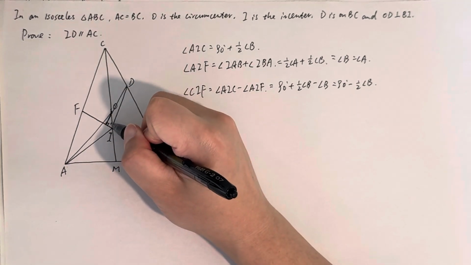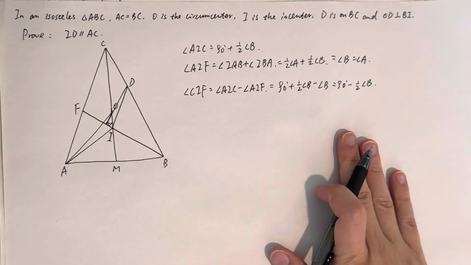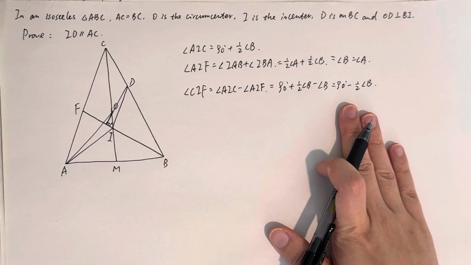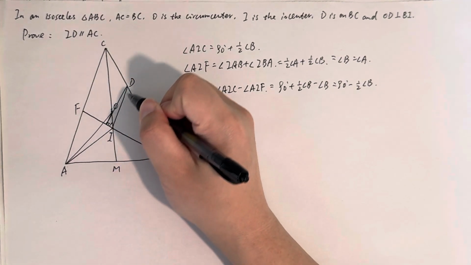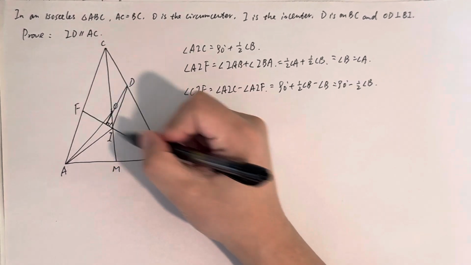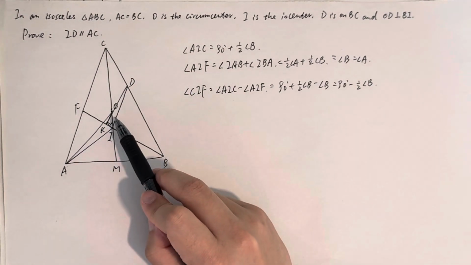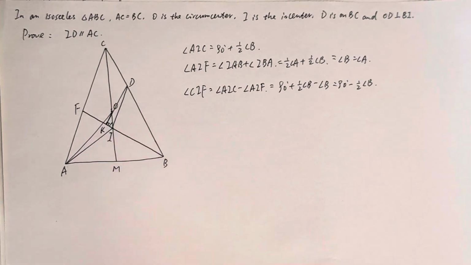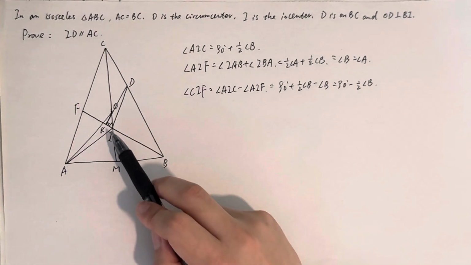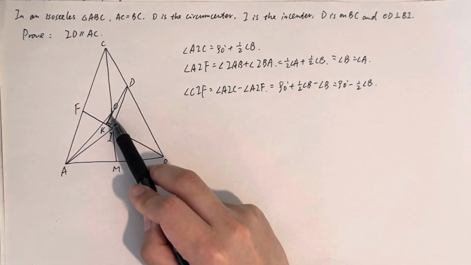So this one. And this should remind us that OI is perpendicular to BF. So let's call this point K. Right, the triangle KIO is a right triangle. So 90 degrees, and we know that angle CIF equals angle KIO, right?